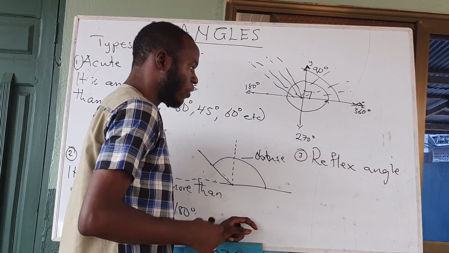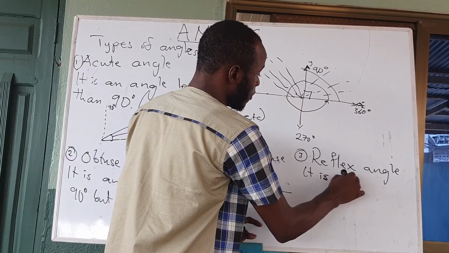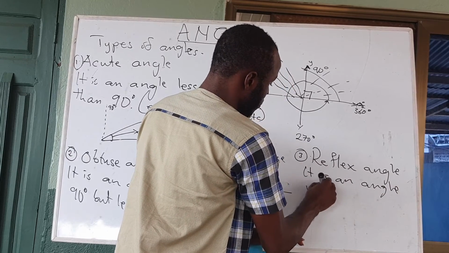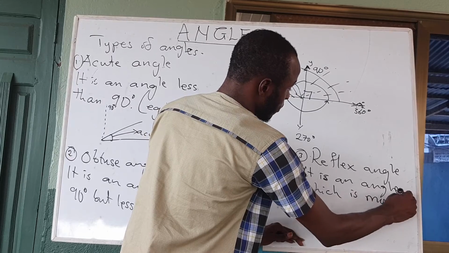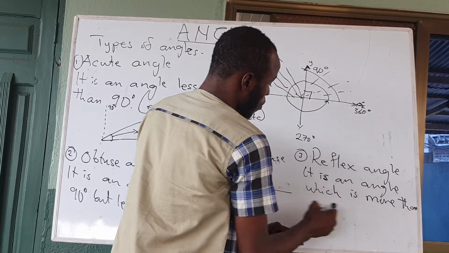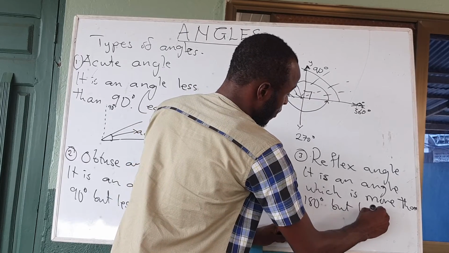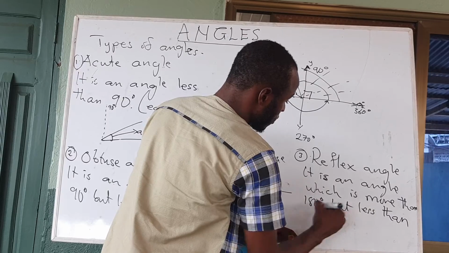Now reflex angle is an angle which is more than 180 degrees but less than 360 degrees.